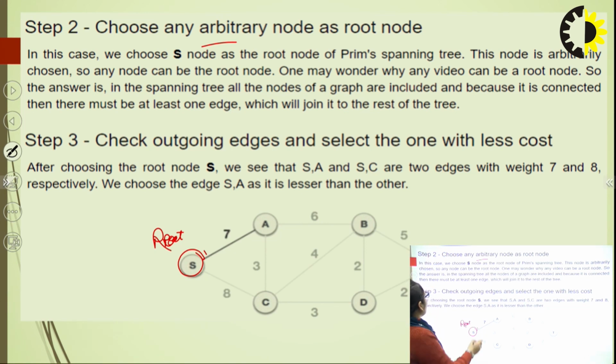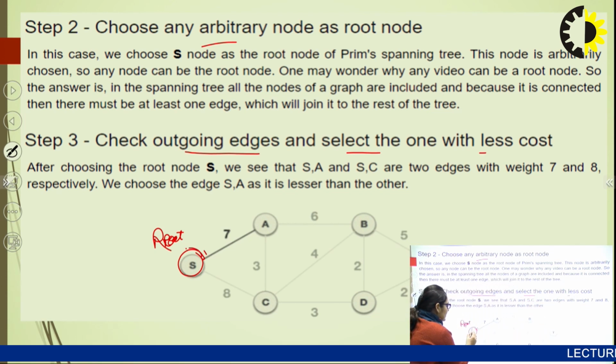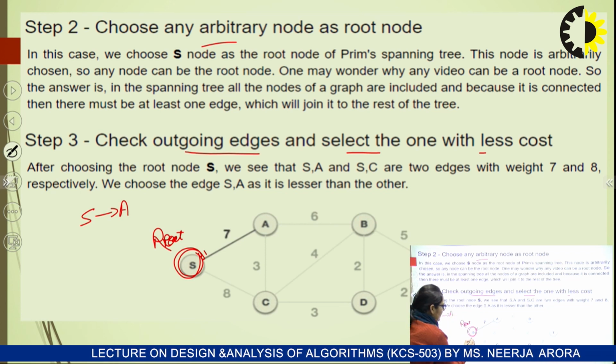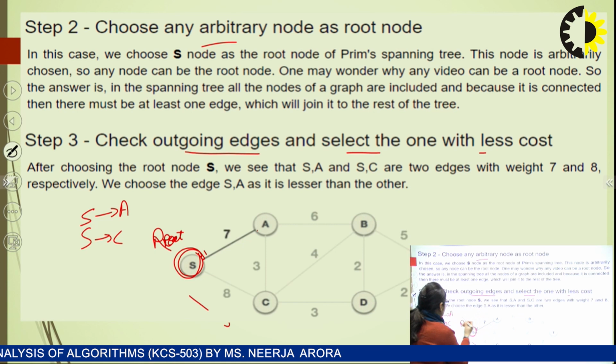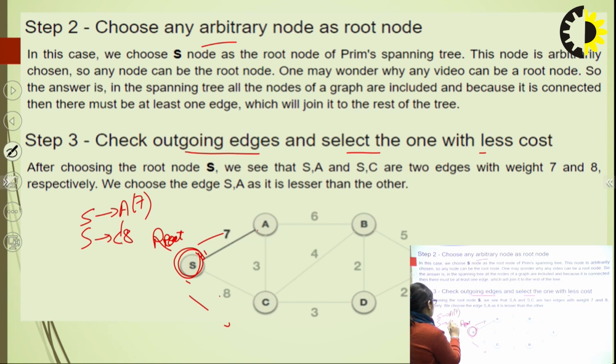Then after that, we have to check the outgoing edges and select the one with the lower cost. So from this root node, the recently visited node, we have two outgoing edges. One is SA and another is SC. If we consider SA, it has cost 7, and the edge SC has cost 8.